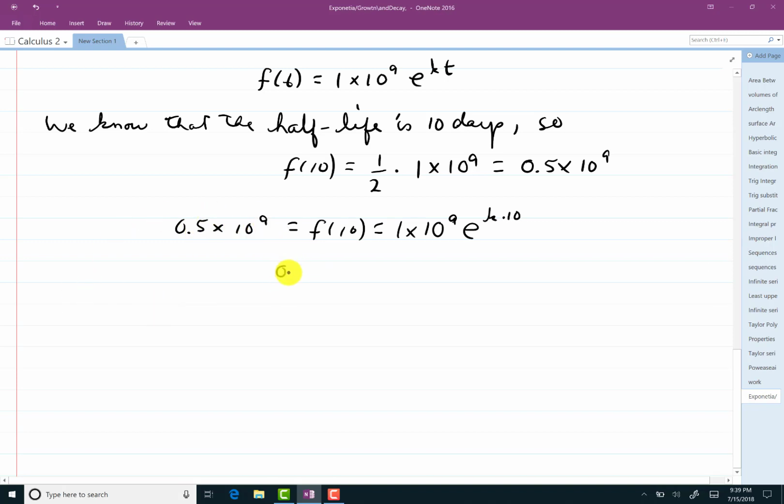So that gives me the equation: 0.5 times 10 to the 9th equals 1 times 10 to the 9th e to the 10k. It feels unnatural to write k10, so I'm going to write 10k. And then I'm going to divide by 1 times 10 to the 9th. Well, this turns out to be exactly 1/2.